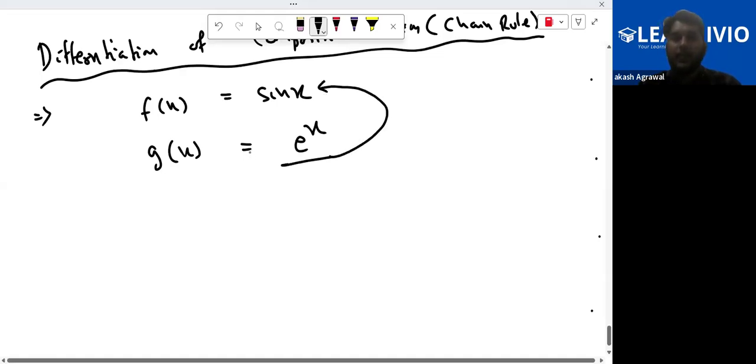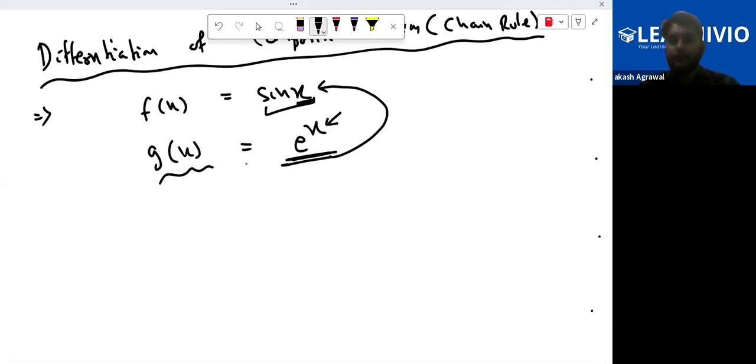If you look at f of x, x is the input and sine x is the output, right? If you look at g of x, x is the input, e to the power x is the output. Yes or no?